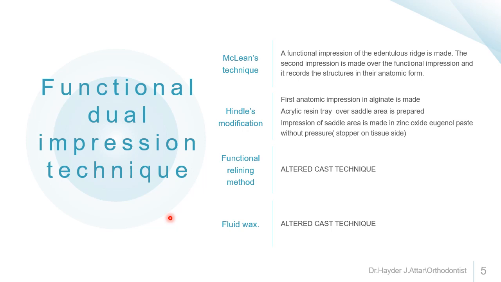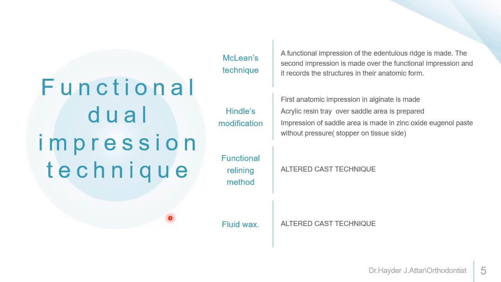The difference is that the anatomical impression takes the impression of the alveolar ridge without any occlusal force, while the physiological or functional impression makes the impression for the edentulous ridge under the occlusal force.